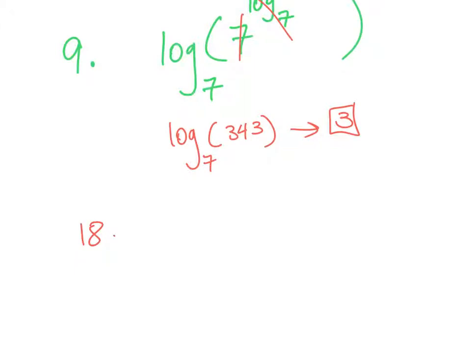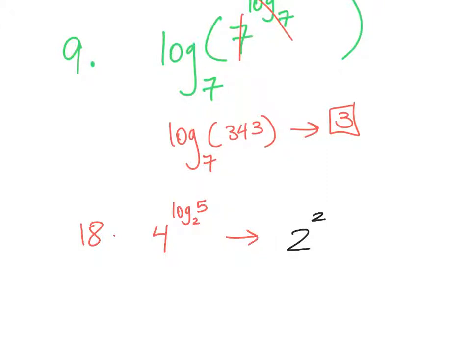Is the base and the base of the log the same? No. Can you make them the same? Yes. 2 to the 5. So think about it. Who was able to figure this one out? Yes. Zach? So I separated into 2 to the power of log 2 times 5.